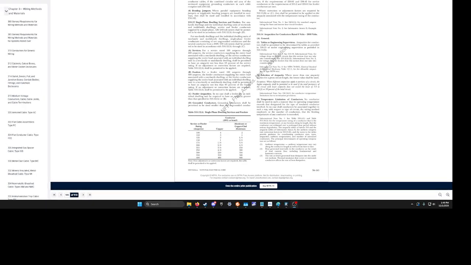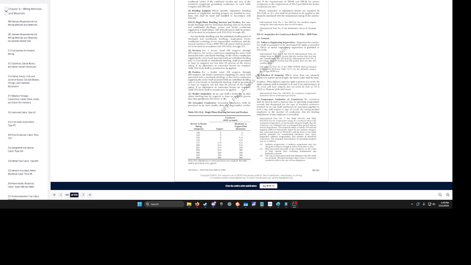Service and feeder rating determined by amps. So, determining what size feeder you need for what size service, or what size conductor you need for what size service. If you have a 200 amp feeder, you need a 2-aught copper or 4-aught aluminum. Stuff that we've been going over in section 200 recently.